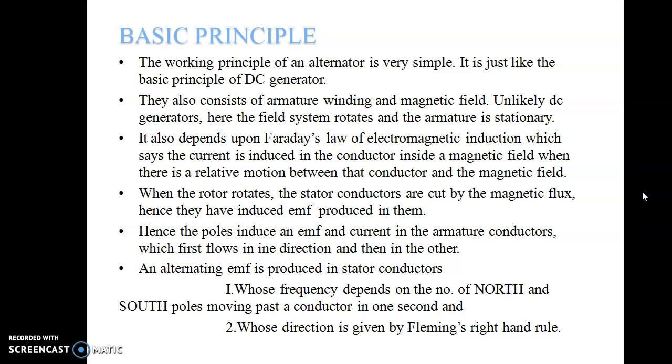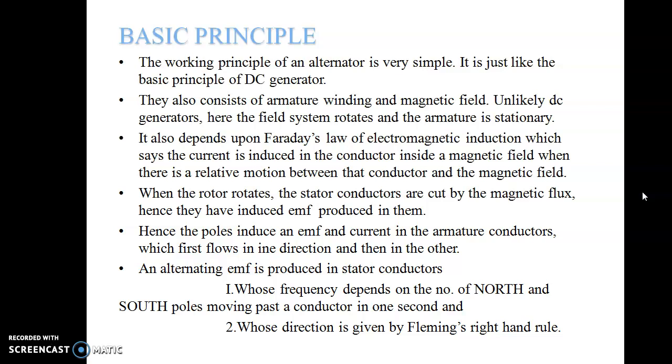Firstly, the working principle of an alternator is very simple, and it is just like the basic principle of a DC generator. They also consist of armature winding and field winding. And listen, unlike DC generators, here the field system rotates and the armature is stationary.